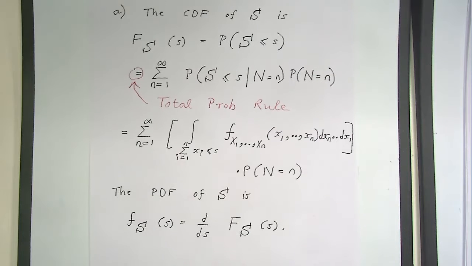So the PDF is simply the derivative, right? Okay, so that's part A. Now I'm going to move on to part B. So part B is the next one. Let me know if you have any questions, guys. Feel free to stop me.